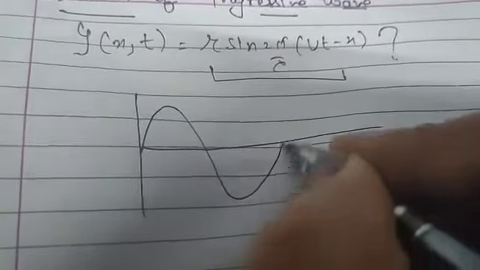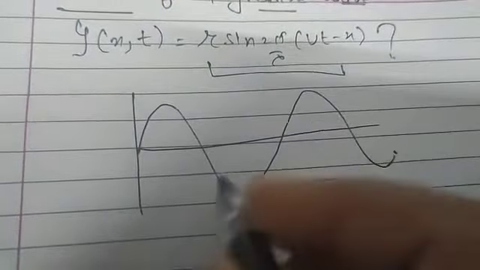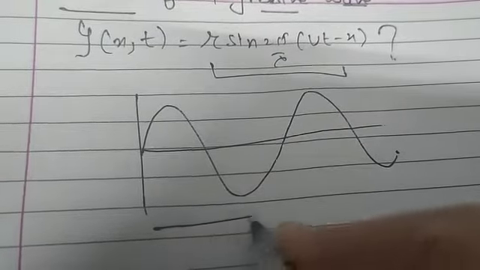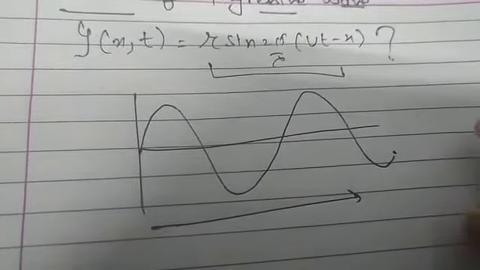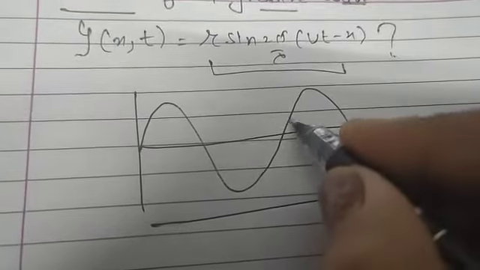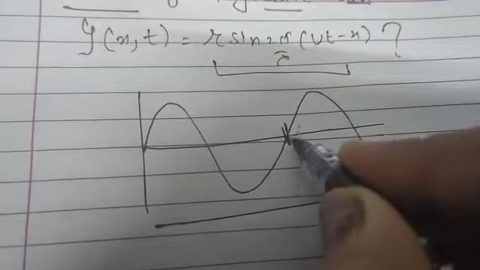Suppose we are having this wave, and the wave is traveling like this. This is the direction of propagation of the wave. This is the wavelength of the wave.